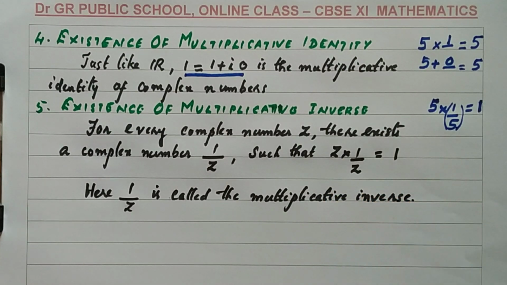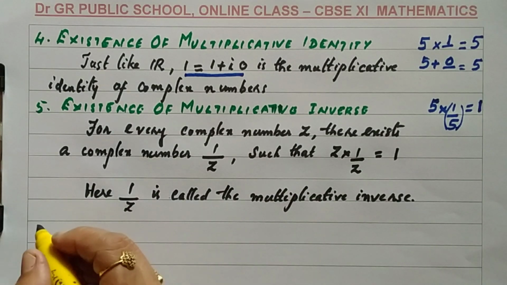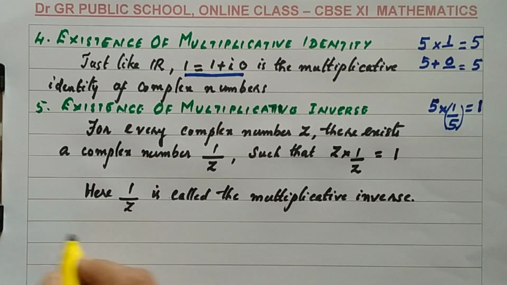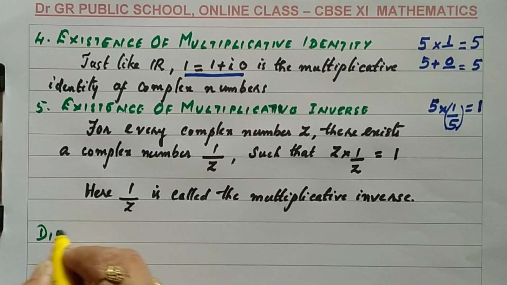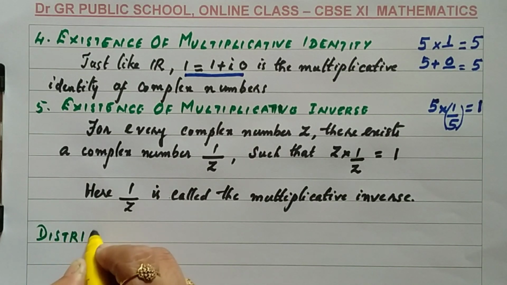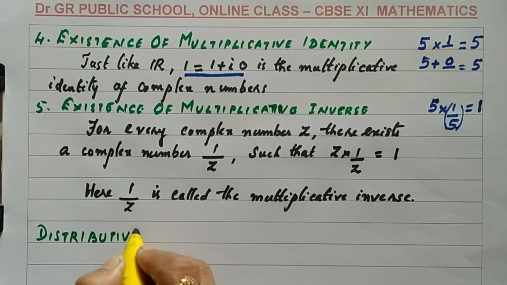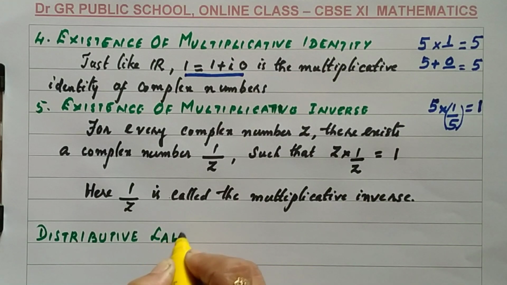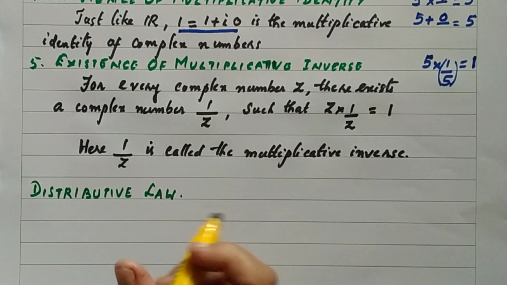So these are the properties for multiplication: closure law, commutative law, associative law, existence of multiplicative identity, and existence of multiplicative inverse. Now, one more additional property you need to study, as in the case of real numbers, the distributive law. What does the distributive law state?